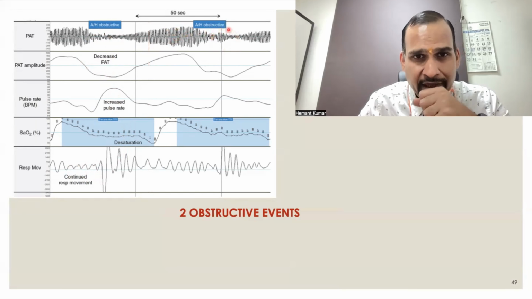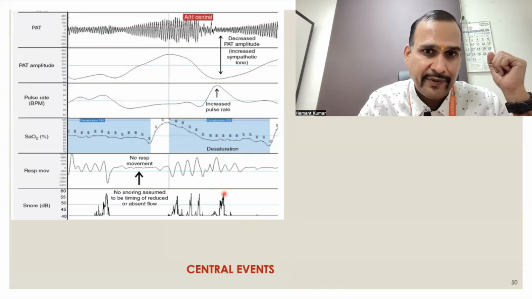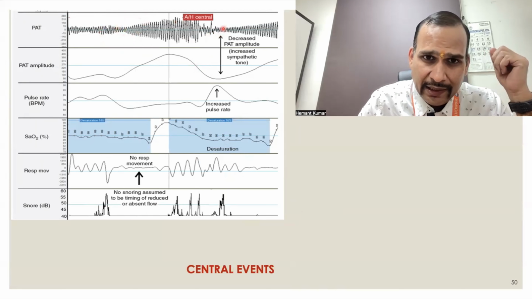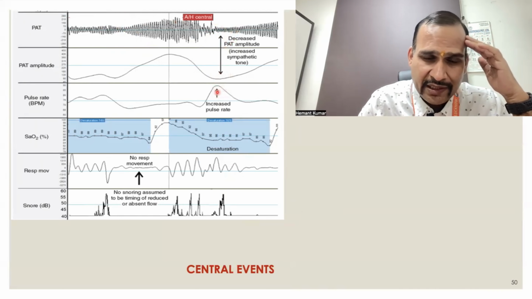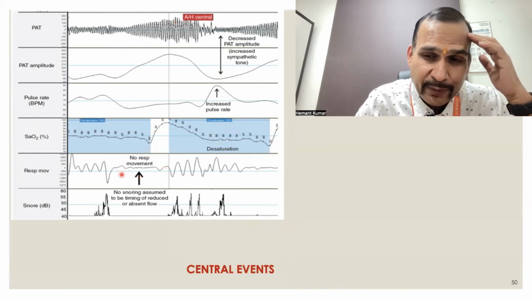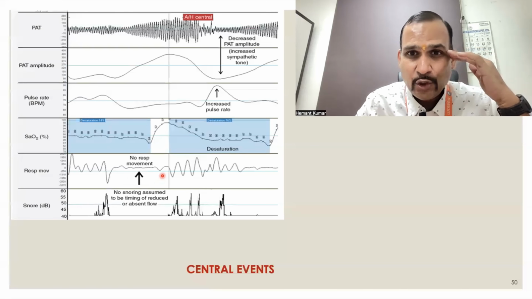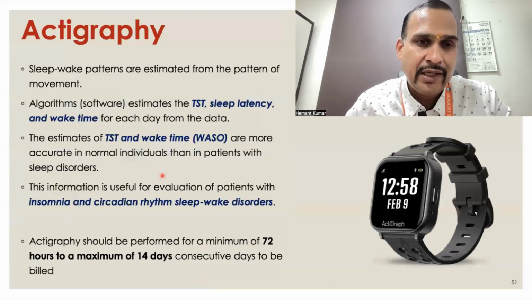Again, there is reduction in PAT flow, increased heart rate, less saturation, chest movement. These are obstructive events. In this one, you can see there is low PAT amplitude, increased heart rate, less saturation, but there is no respiratory movement. Absence of respiratory movement is a central event. So it can detect obstructive apnea versus central apnea, right?